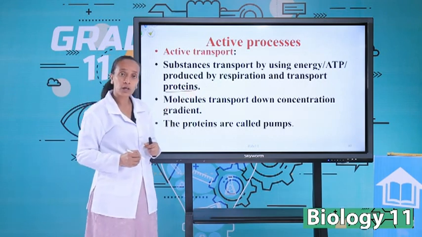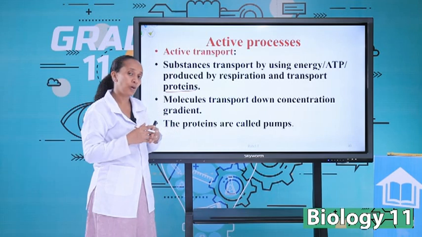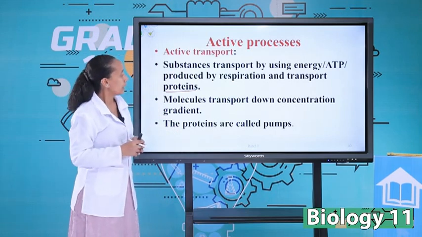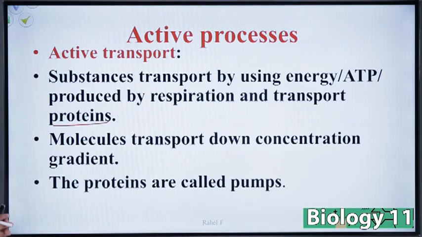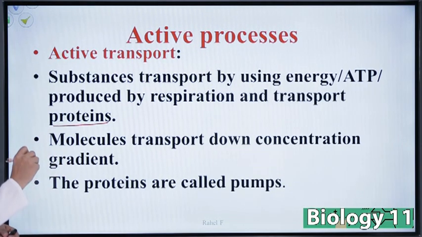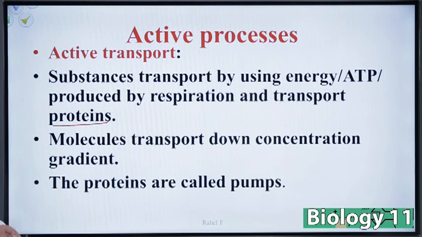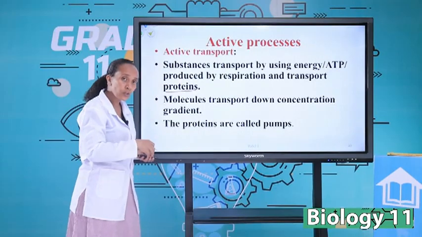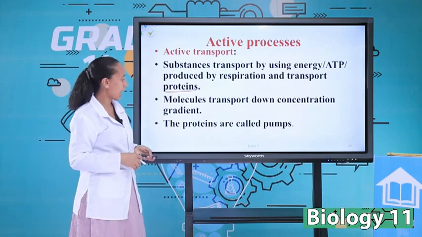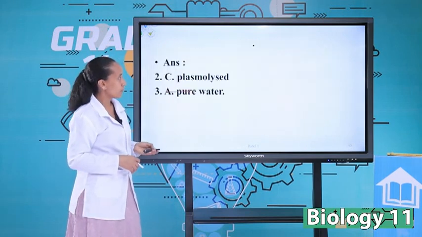These transport proteins are found in the cell plasma membrane. And in active transport, molecules are always transported against the concentration gradient. When we say against the concentration gradient, it is to indicate that the particles move from low concentration to high concentration.